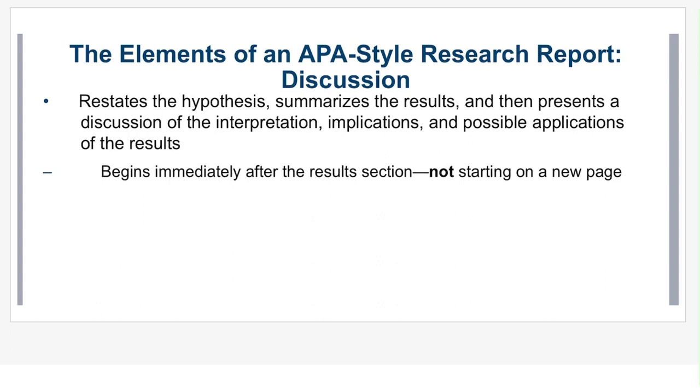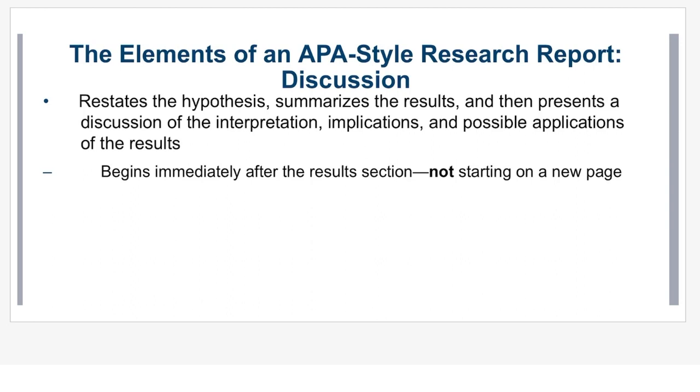So for a discussion section, you are starting with the hypothesis, and then you are providing these results and showing how that supported or did not support your hypothesis. And then you're bringing it back to that previous research. You're tying in that previous research from the intro as you go along to show how what you found relates to previous research, and how that can be used to interpret or for implications or for applications and all of those things.